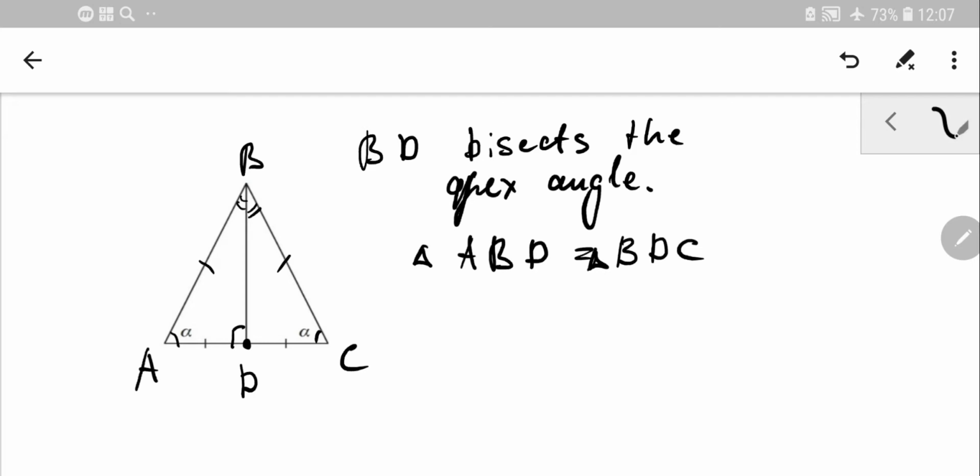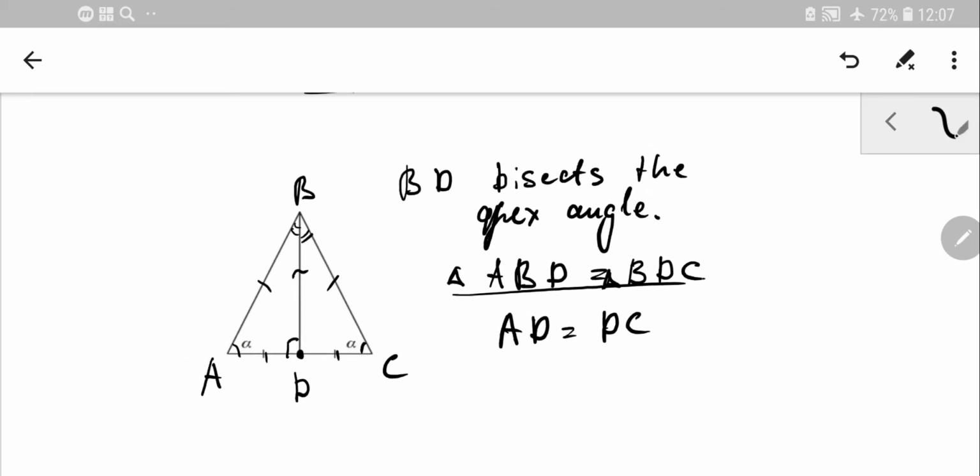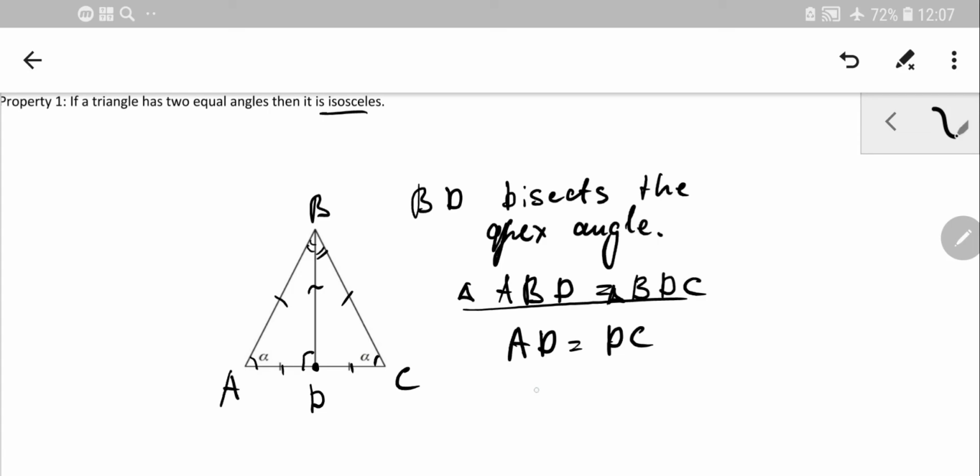Simply because we have all three angles the same, this side is common, so the two segments AD and DC will also be equal, and we also have a 90 degree angle and two angles alpha that are also the same. So we have the congruence of triangles ABD and BDC. That's why AB equals BC, and that's why by definition triangle ABC becomes an isosceles one.